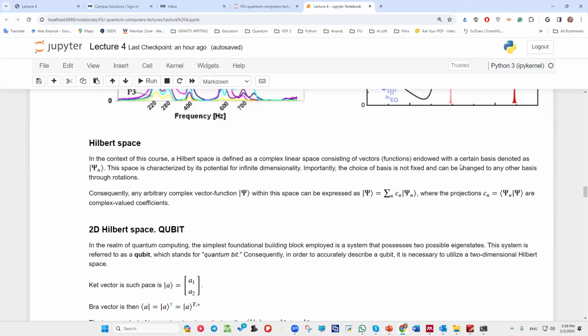Endowed with a certain basis denoted like this. The notation can be different, right? The main point here is that we introduce the basis that we use to describe this Hilbert space. This space is characterized by its potential for infinite dimensionality, so the space can be of infinite dimension.